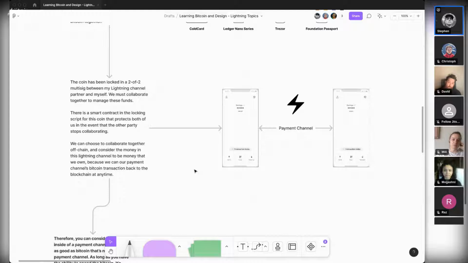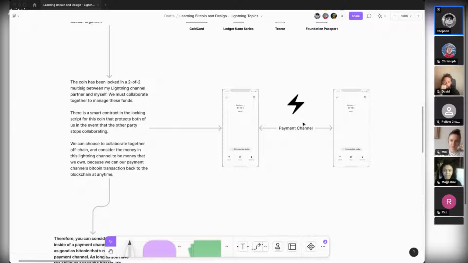Because they can collaborate together to manage the funds, and they have these smart contracts that protect them in different scenarios, they can be confident that any transaction they create off of the blockchain and pass between each other, they could take that transaction at any time back to the blockchain and cash it out and get their money.